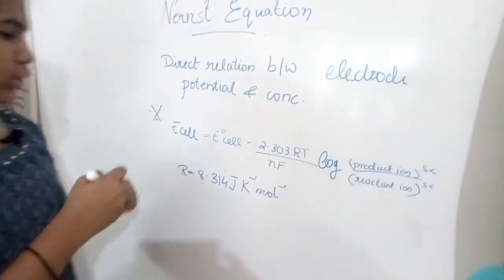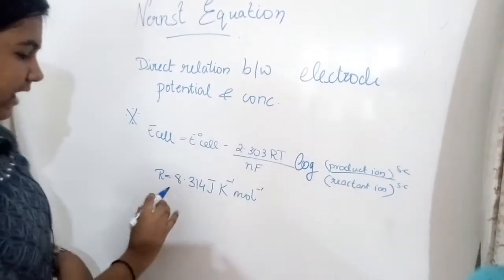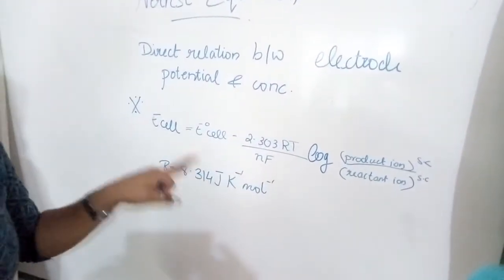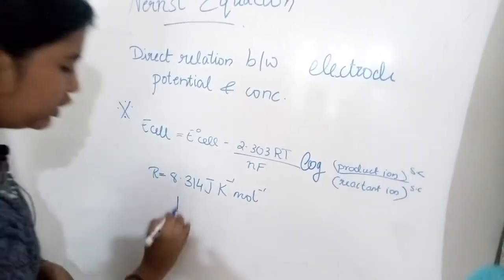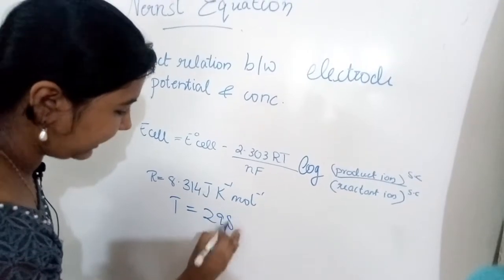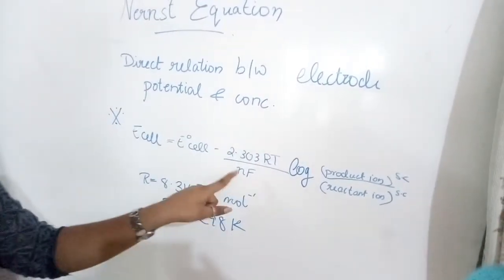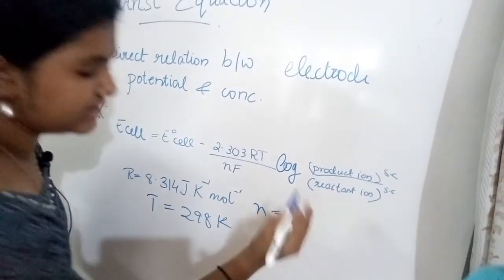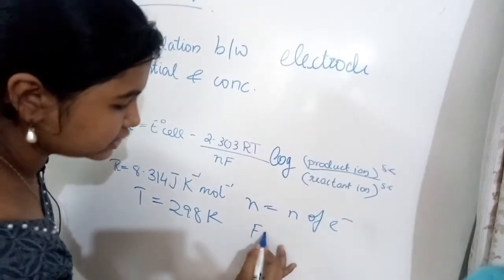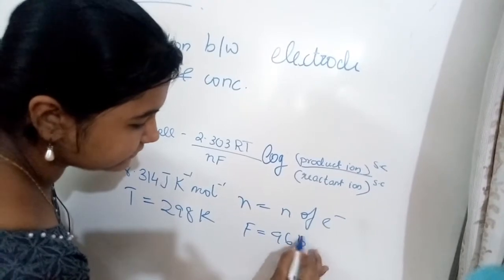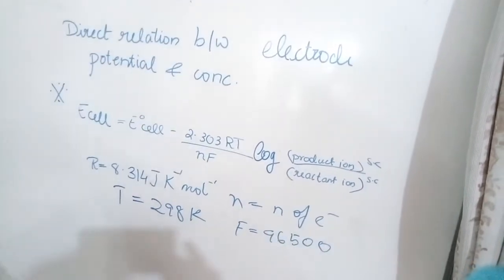Over here the value of R is 8.314 joule Kelvin inverse mole inverse. The temperature is equal to 298 Kelvin, and N is equal to the number of electrons. F is equal to 96,500.